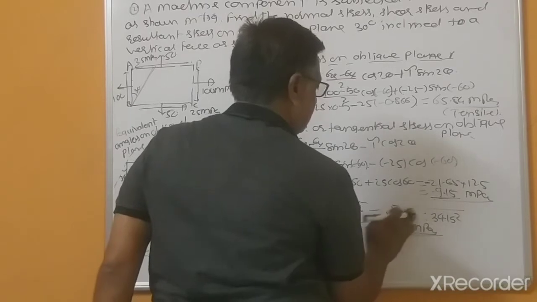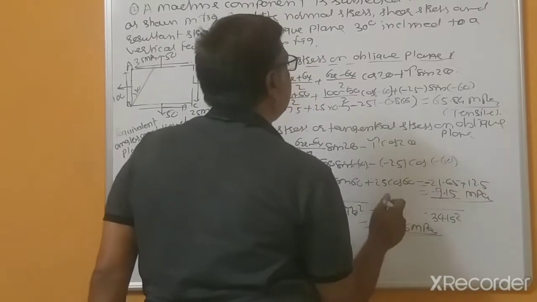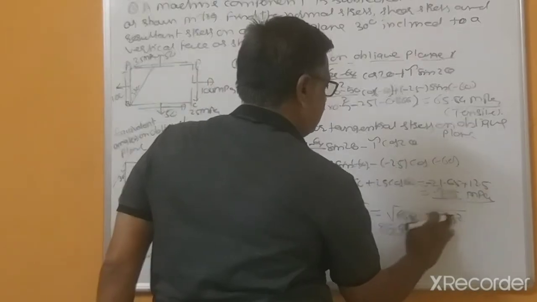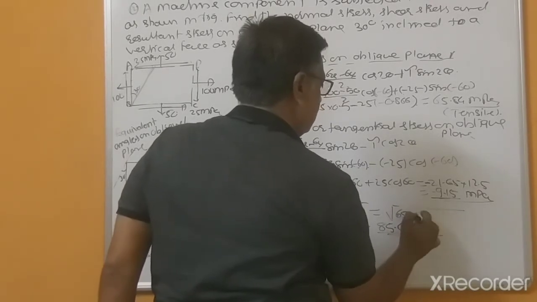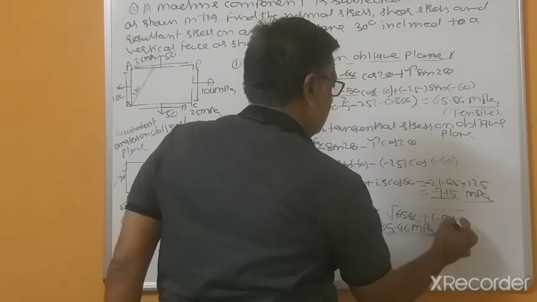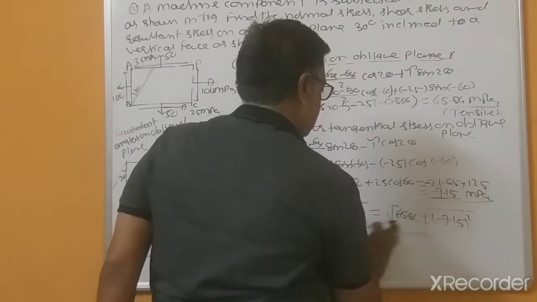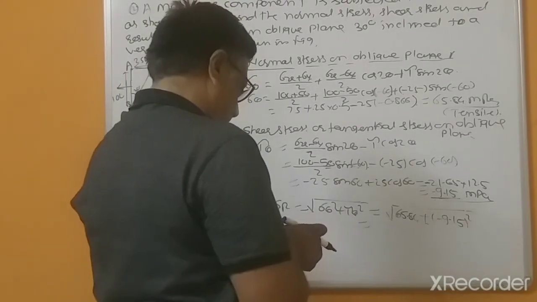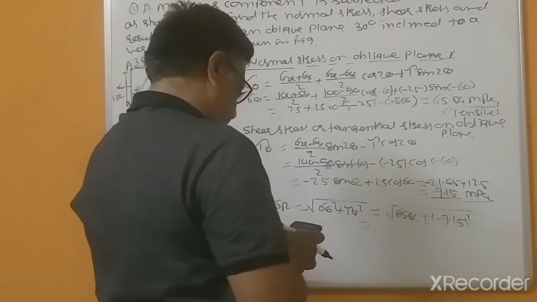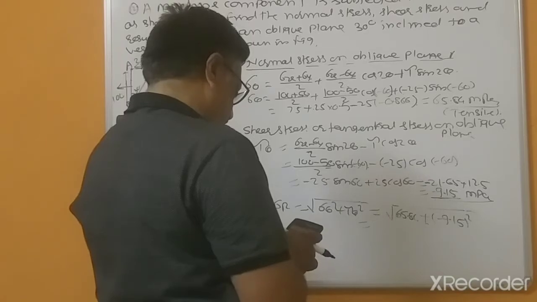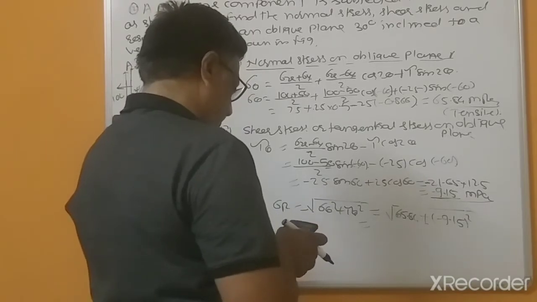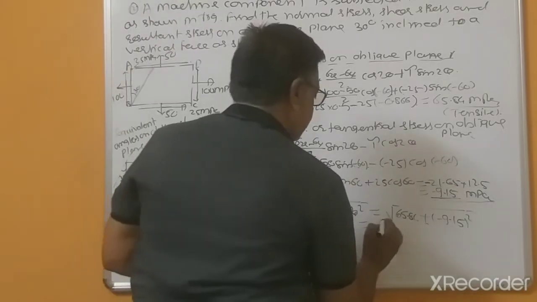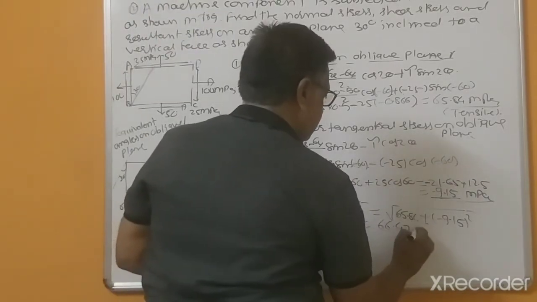And this resultant stress is 65.84 square plus 65.84 square, 66.47, and this is positive.